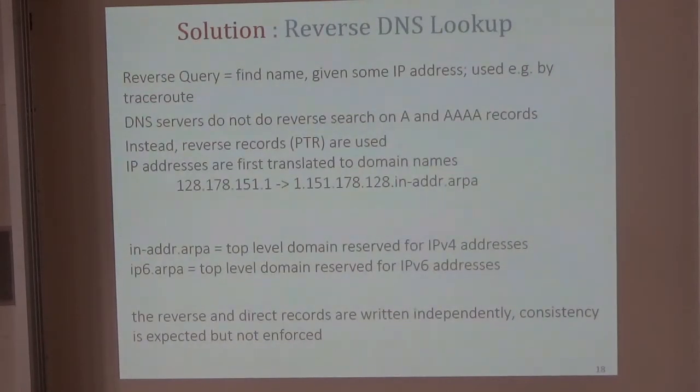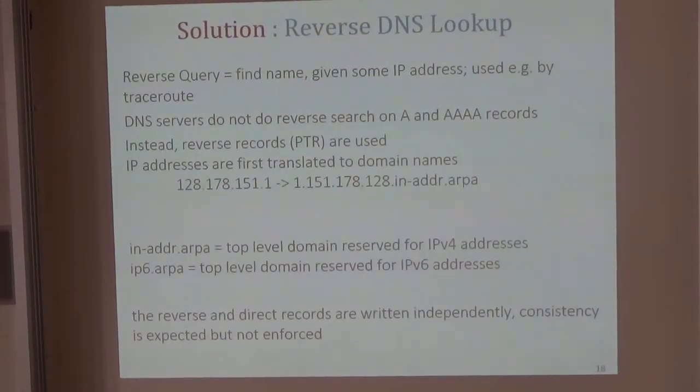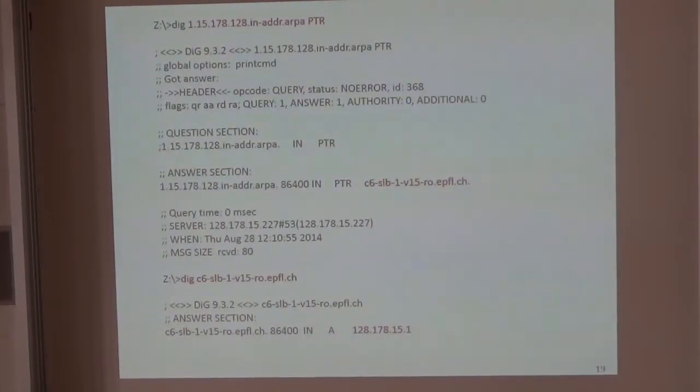A first table that gives all the IP addresses of all the names, and a second table that gives all the names that correspond to all IP addresses in your domain. And hopefully they are consistent, but you can easily check on DNS servers that are not secure that sometimes they are not, so you can find sometimes inconsistencies. Those records are called PTR, pointer records.